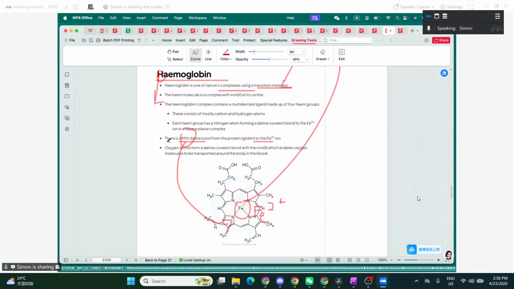The fifth dative bond is formed when the globin, the protein part of the hemoglobin, donates a lone pair of electrons into an empty orbital of the iron 2+. This bond anchors the heme group to the globin protein, right?